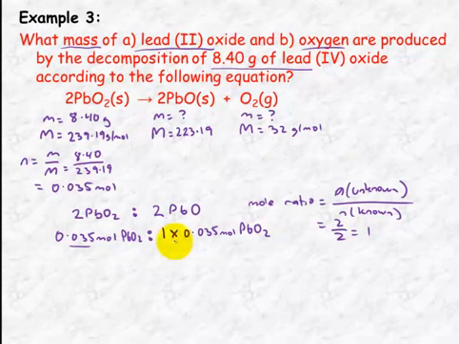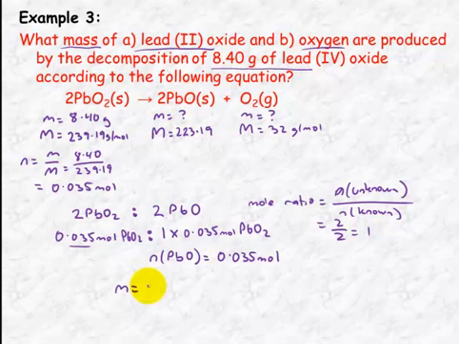Thus the amount of PbO is 1 times, so n of PbO equals 0.035 mole. Now that we know how many mole we have, we know what big M is, so we can work out the mass, which is what we're endeavouring to find out, remember.